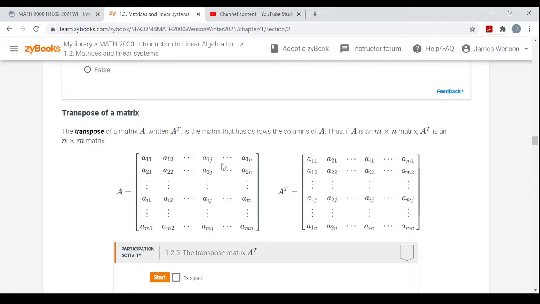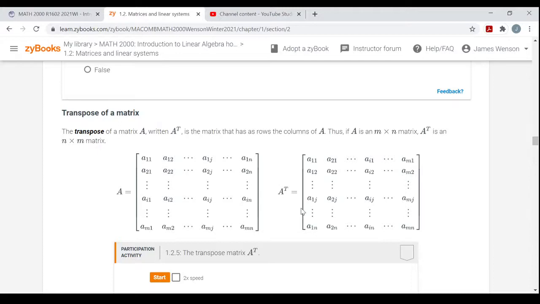See how row 1 in matrix A here, A11, A12, A1J, A1N, the first row of A becomes the first column of A transpose. The second row of A becomes the second column of A transpose, and vice versa.